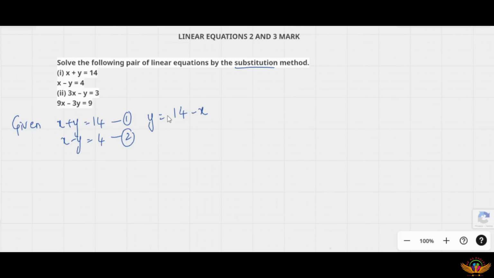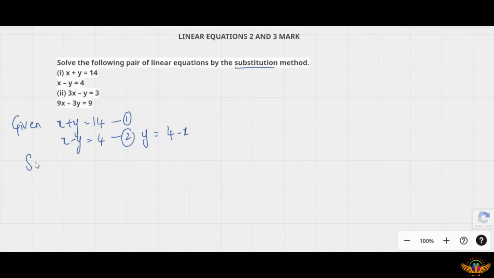Because 4 is a small number, we can also bring out the y value from the second equation and substitute in the first equation. That will be really easy. It's completely your wish. You can substitute any equation in any equation. So I want to go with the second equation.